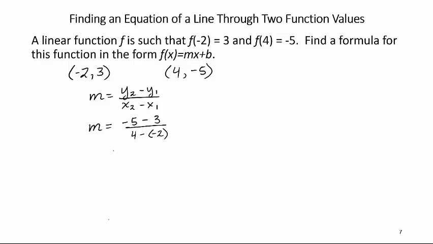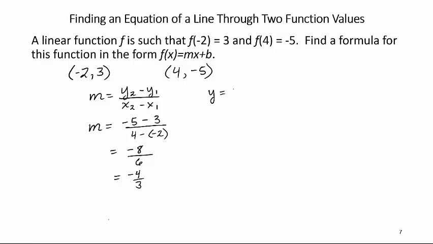If you're subtracting a negative, you're really adding. So negative 5 minus 3 is negative 8, and 4 minus negative 2 is 4 plus 2, which is 6. So the slope here would be negative 4/3, when we reduce that.